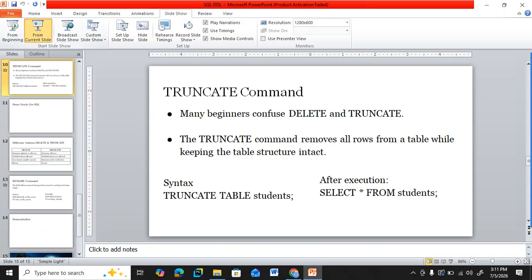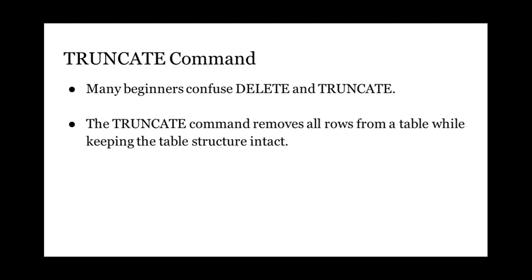Then we have our next and last command, truncate. Many beginners confuse the delete and truncate commands. The truncate command removes all rows from the table while keeping the table structure intact. It will not remove your table structure.